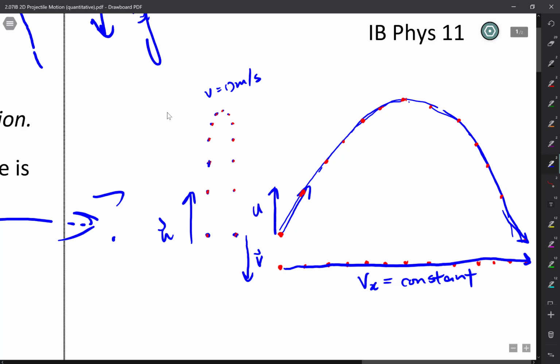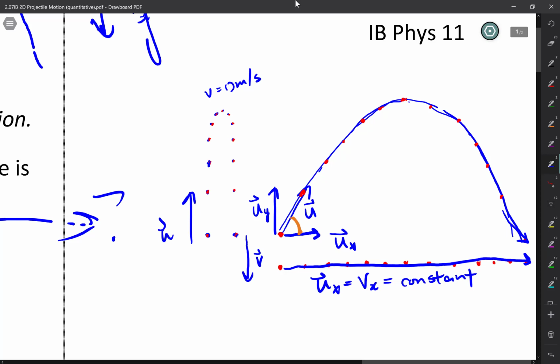Because we are dealing with 2D motion, all your vectors can be broken down into x and y components. So whatever horizontal velocity the object started off with in this motion, it stays that way for the entire trip. In fact, this initial x velocity is the same throughout the entire trip. It's constant.